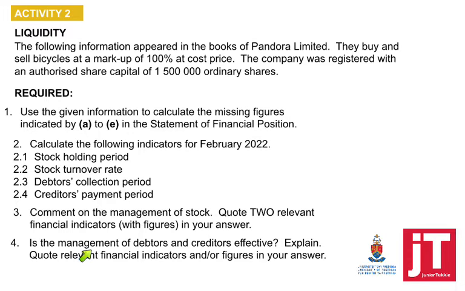And question number 4, is the management of debtors and creditors effective? Explain, quote relevant financial indicators and/or figures in your answer. This is very important, to quote the figures, especially if you were asked in previous questions to calculate them. You need to make sure that you use the answers that you've calculated in your commenting.